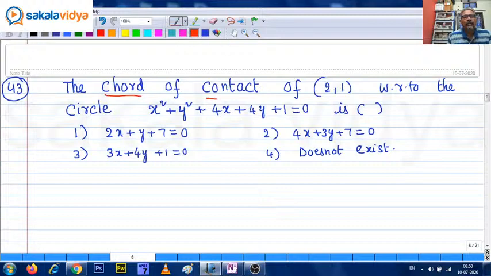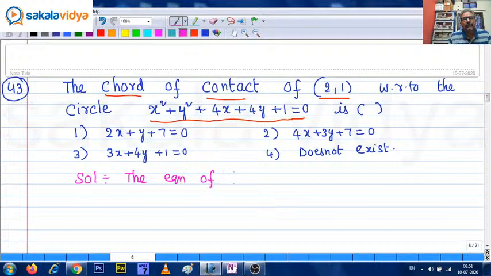The chord of contact of 2, 1 with respect to the circle x square plus y square plus 4x plus 4y plus 1 is equal to 0 is, yes, absolutely correct. The equation of the chord of contact is S1 is equal to 0.